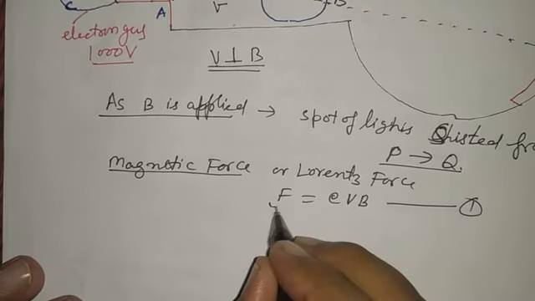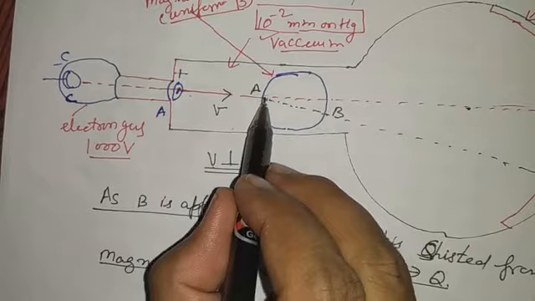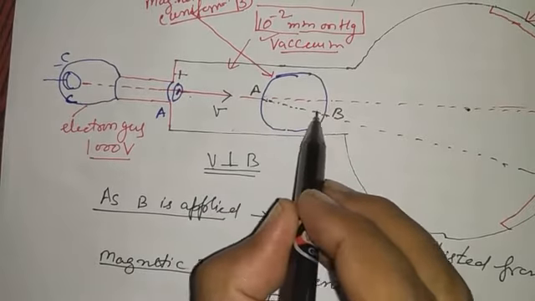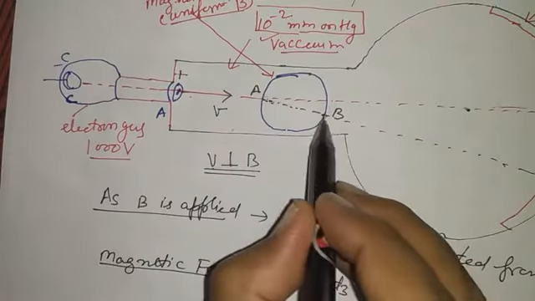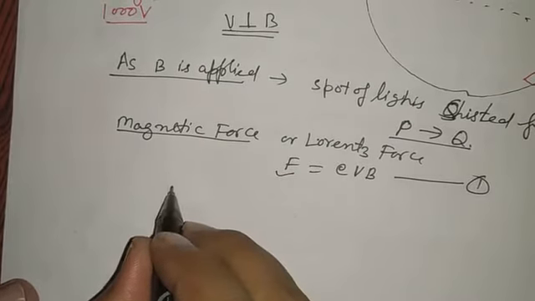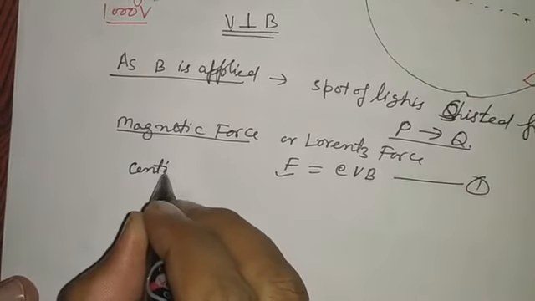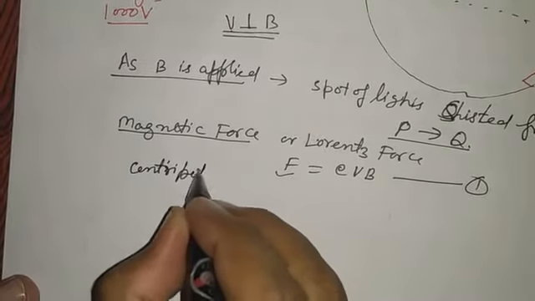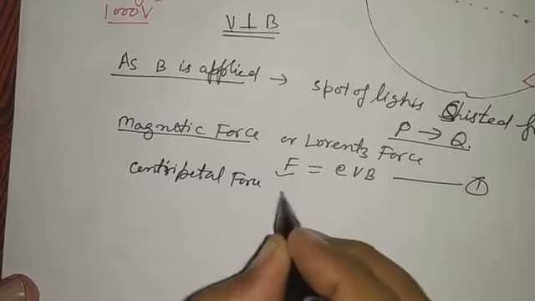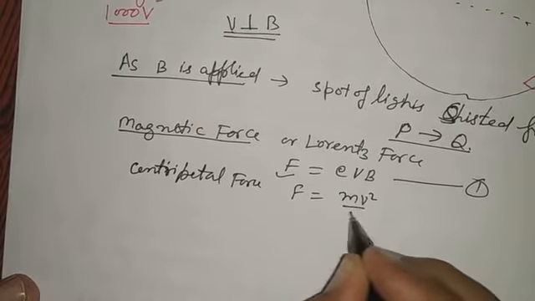Due to the presence of this magnetic field, the electron travels in a circular path. So AB is an arc of a circle, in which, to move in a circular path, we know that there is a required centripetal force. This centripetal force is given by the formula m v square by r.